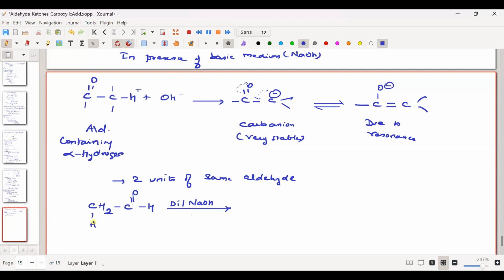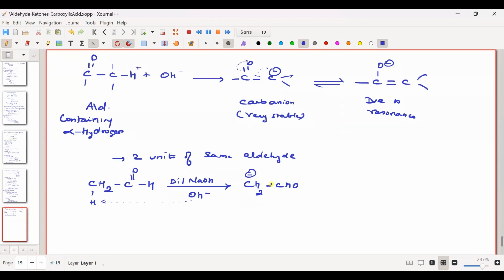Dilute NaOH, so it will have OH minus. This is going to attack this H plus. It will become CH2 CHO negative. So this is actually stable. Now, this carbanion is going to act as a nucleophile and attack the another unit of CH3CHO I have.